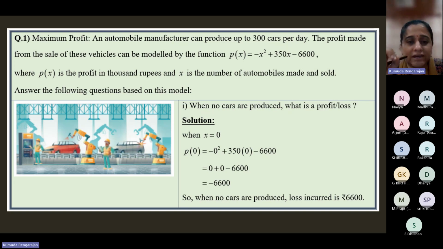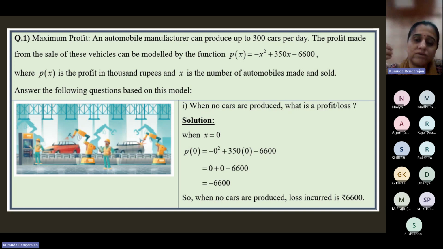Why x is 10? Because in this polynomial, x represents the number of automobiles made and sold.